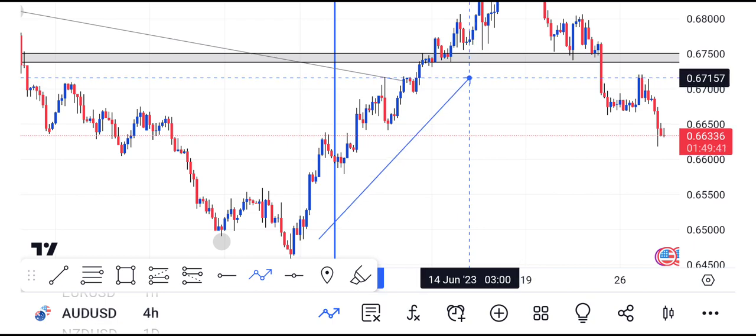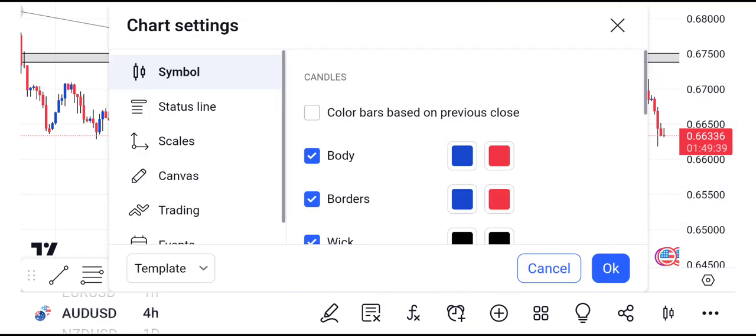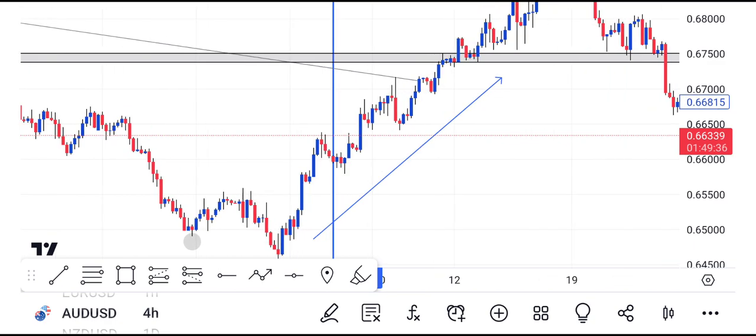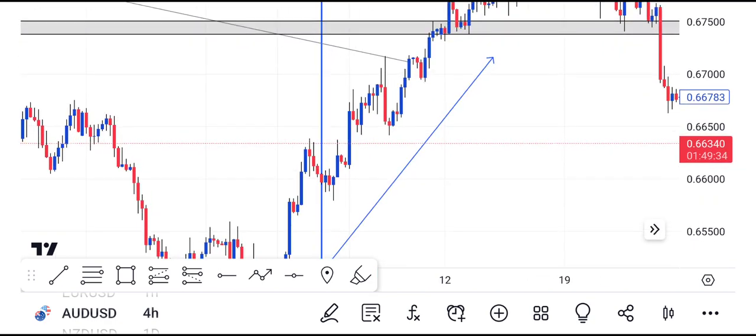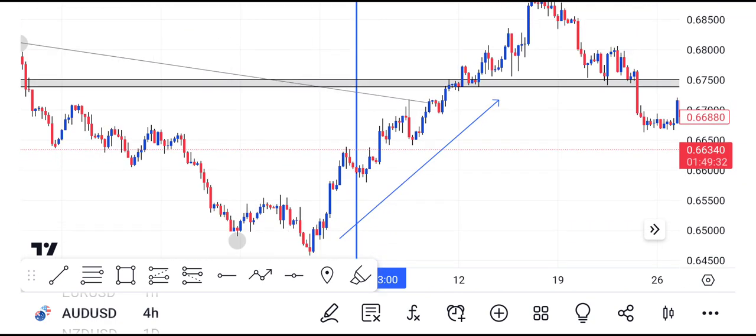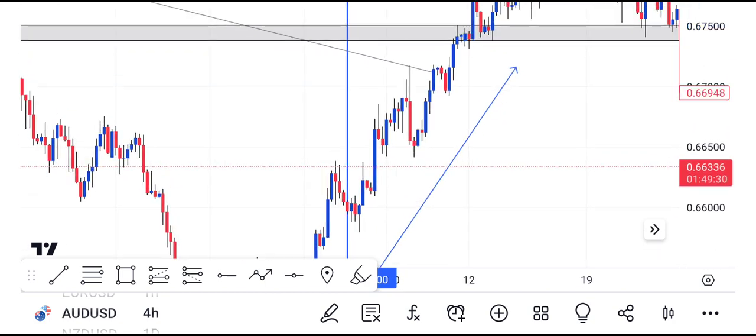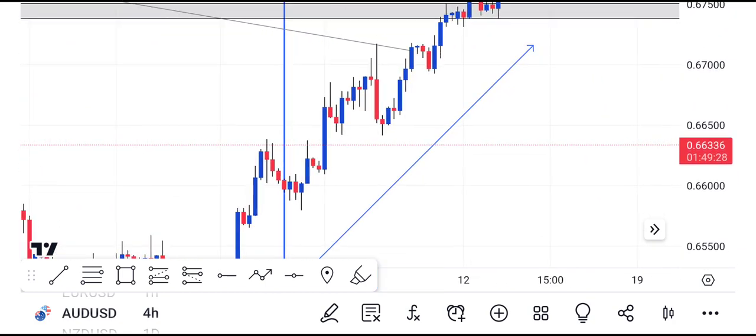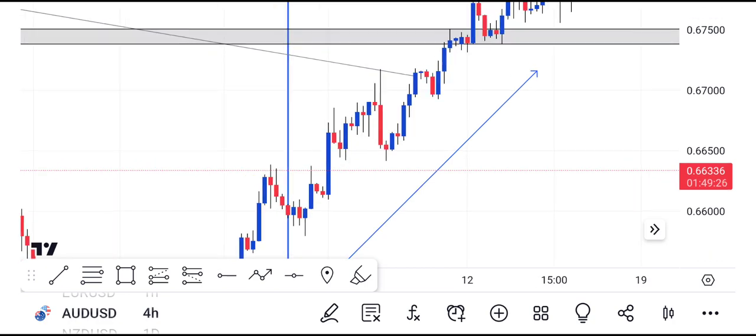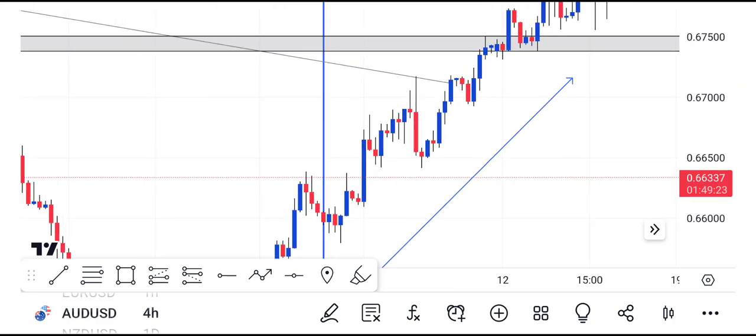We see price moving upwards. So what I would have wanted to see here on price, after this, you see price touched here.